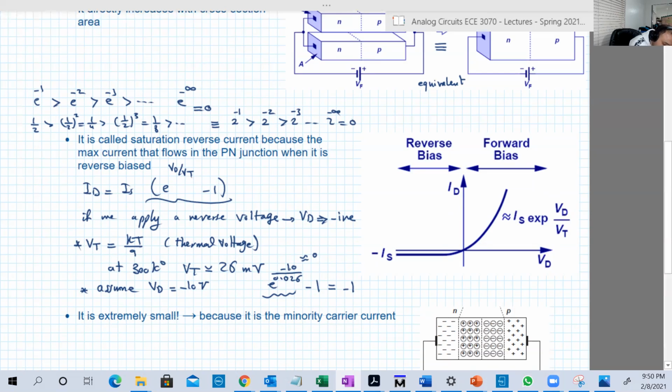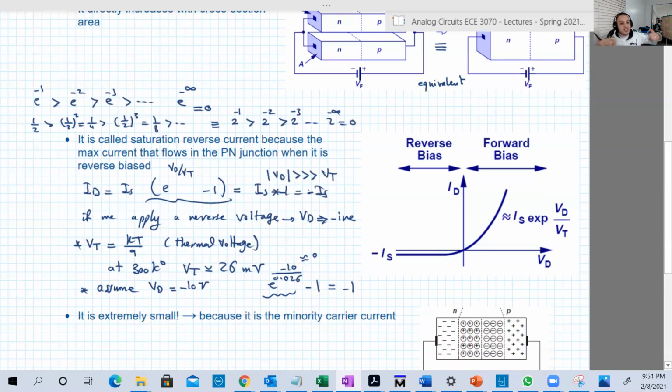Usually, that's why this happens, because usually VD as a magnitude, I mean minus 10, whose magnitude is 10, is much, much larger than VT, which is 26 millivolt. So most of the time, when the applied voltage is reversed, you will see that the current cannot increase, as a magnitude, of course, beyond minus IS, because if you go back here and substitute, this will be IS multiplied by minus 1, it's minus IS.